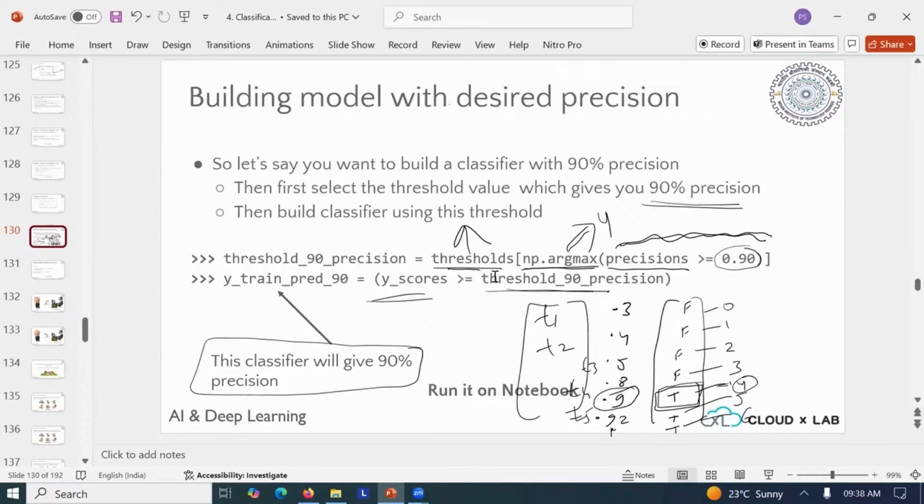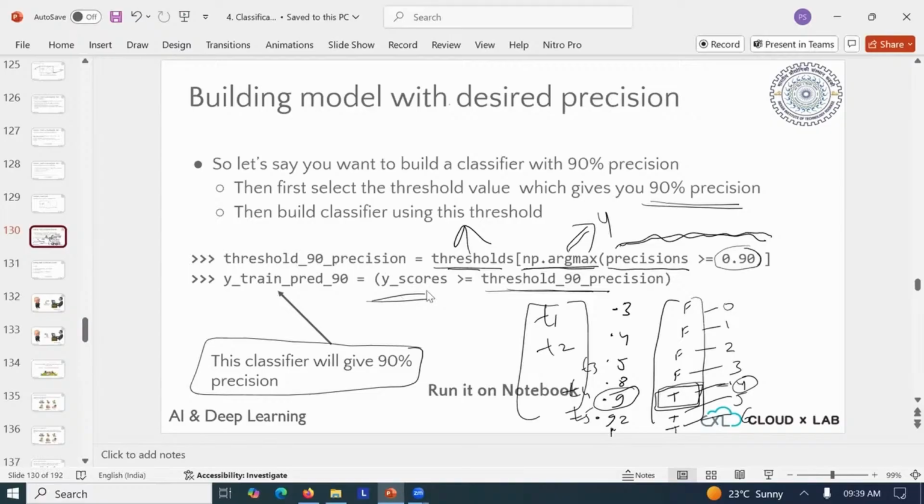So depending upon the value that we choose as a threshold, the model prediction will change. Since we want 90% precision, we will choose the corresponding threshold, and if you use that threshold, you can create the model predictions. Model predictions are nothing but score greater than or equal to threshold.